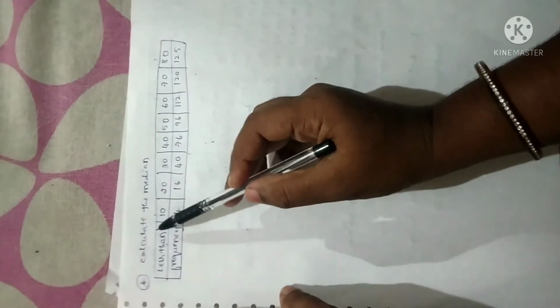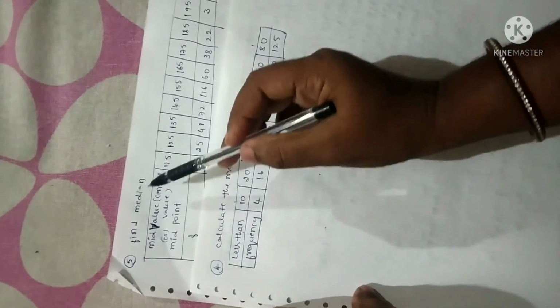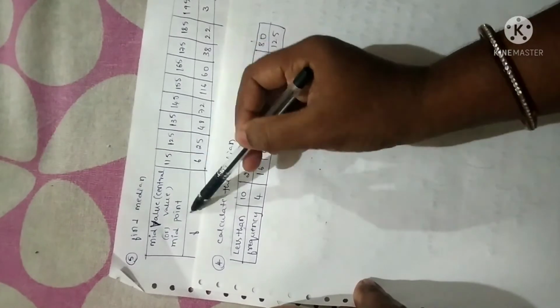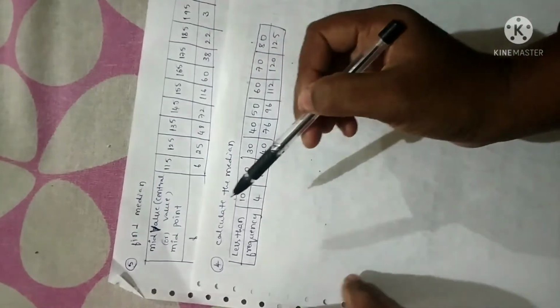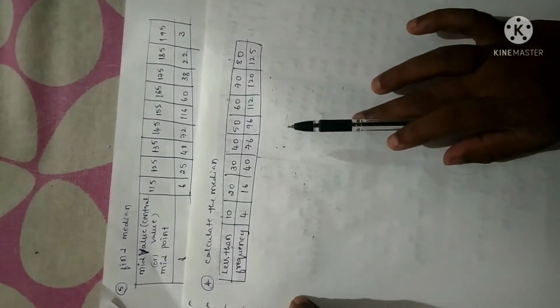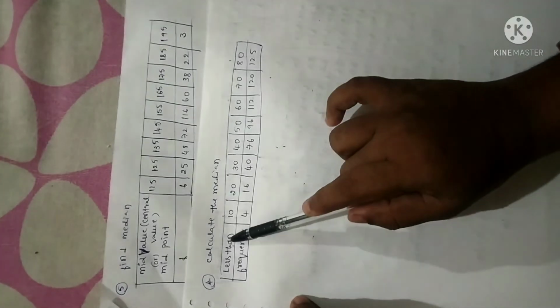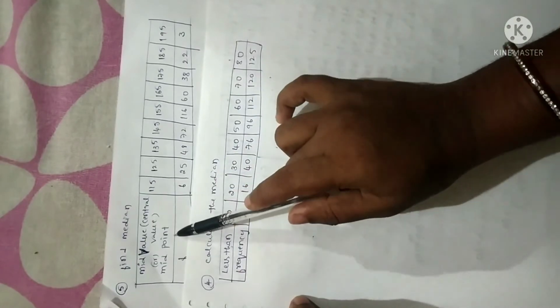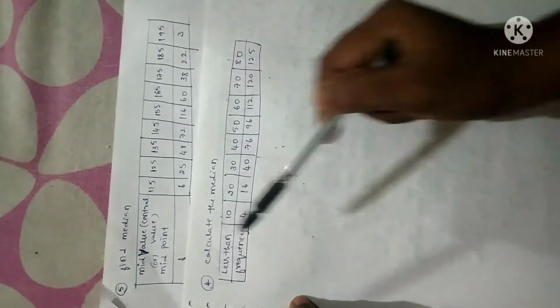Whenever you come across values like less than, mid value, central value or midpoint, it will be a continuous series. I'm repeating once again: just by looking at the columns, you cannot decide whether it is discrete or continuous. You have to look at these terms. Whenever you have such terms, you should make sure that it is a continuous series. In the sense, we have to convert the given data in terms of class intervals. Fine.